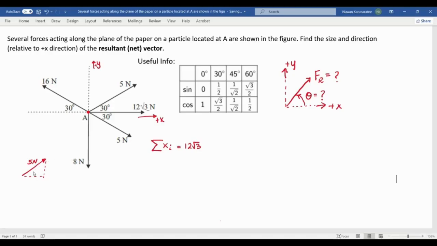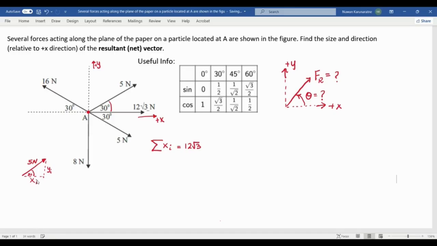So then you can see with the geometry, this angle is that same angle over here. So that's going to be 30 degrees.